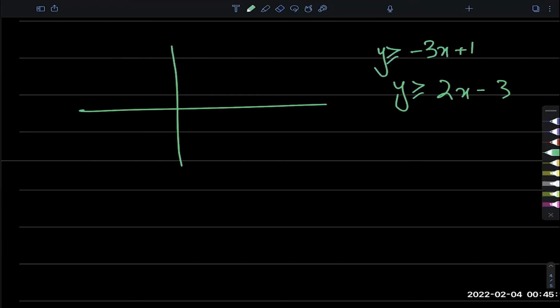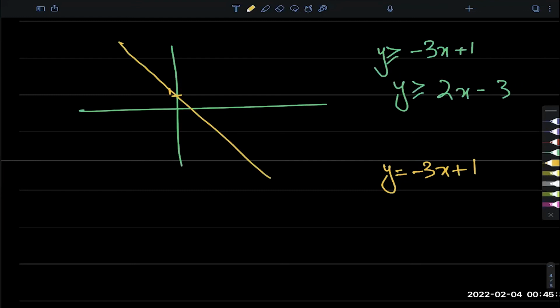We are going to treat them like an equation, as I told you, right? So if you had y equals minus 3x plus 1, how would you plot them? We already saw yesterday that 1 is the starting value and minus 3 is the rate. So this is going to go like this.